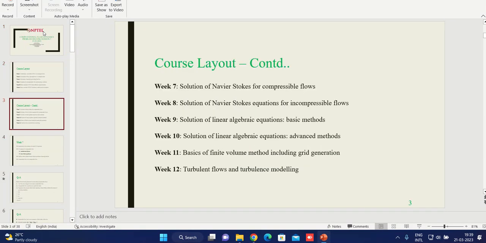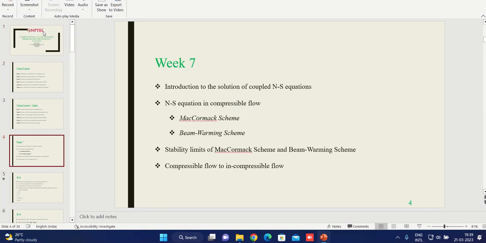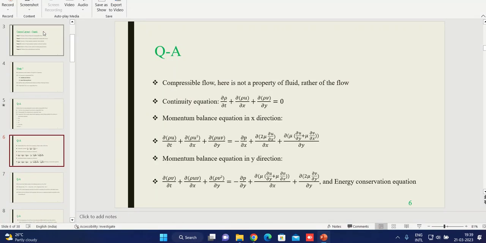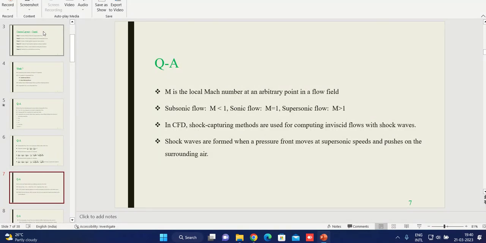We were dealing with Navier-Stokes for compressible flows, with the main focus on the McCormack scheme and the Beam-Warming scheme. We saw how many equations there are and how the equations are coupled, for example the continuity equation, the x momentum and y momentum balance equations, and also the energy equation that should be solved together with them.